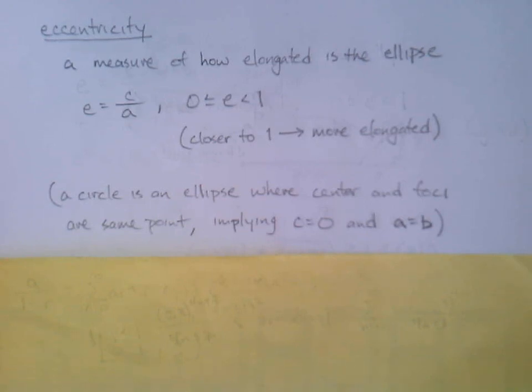So what is this? Eccentricity is the measure of how elongated the ellipse is. All right, so if it's taller or wider, if it's more elongated, you're going to have a higher eccentricity. If it's more circular, then you have a lower eccentricity.